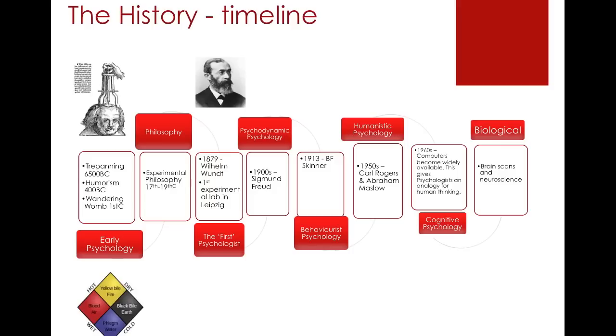In 1879 he opened the first experimental psychological lab in Leipzig in Germany, and this was the first time that the human mind and behaviour, and why we act how we act, was experimentally studied. Anyway, the first time that it was documented, and he was very concerned, and we'll look into a bit more detail on him after we've gone over this timeline, with people's actions and actually their thinking about their actions.